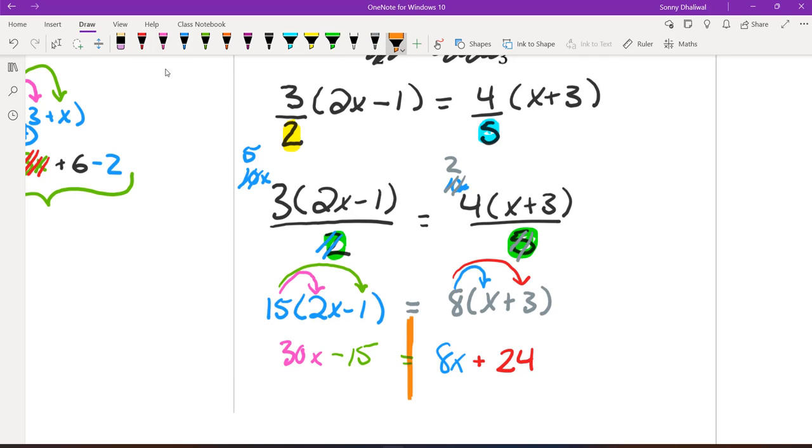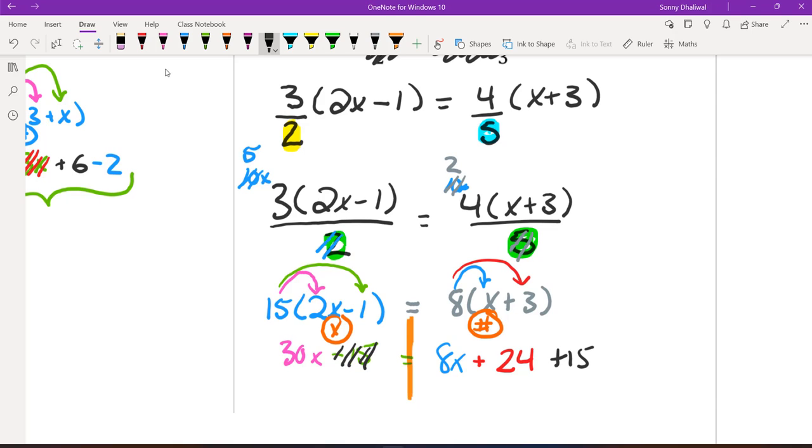So we want the x's over here, numbers over here. And we rearrange. So Emma, is it 30 on the side that you wanted to be on? Yeah. Okay, good. Stays. 15, is it on the side you wanted to be on? No. So it moves to the other side. Is it positive or negative on the other side? Positive. So we'll plus 15 here and scratch that out.